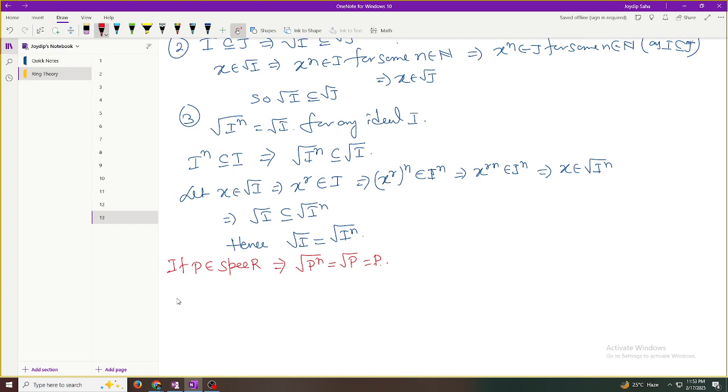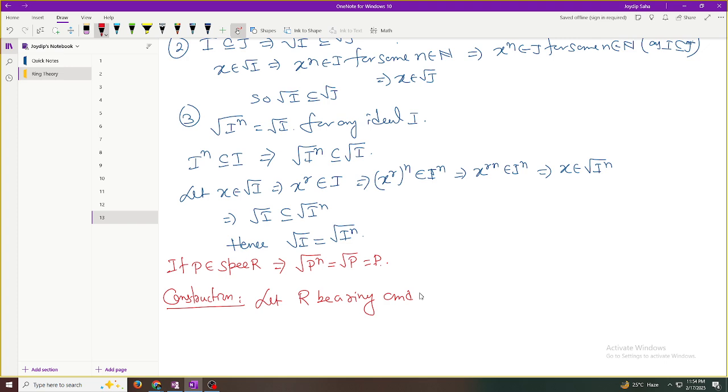Construction. Let R be a ring, and you know that if R is a commutative ring with identity, then max spec R is non-empty. It has a maximal ideal.